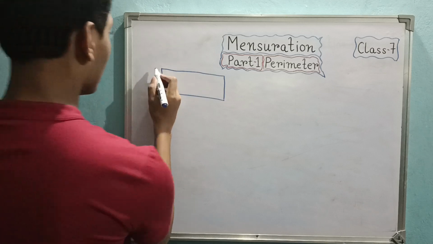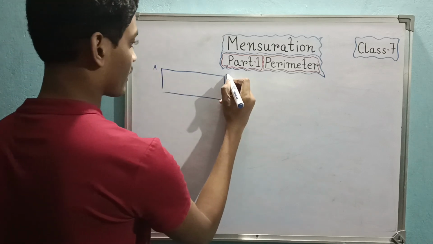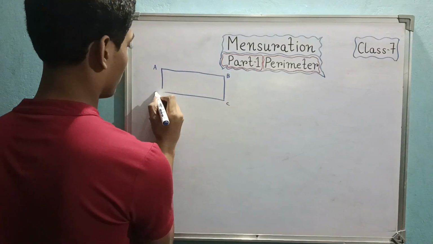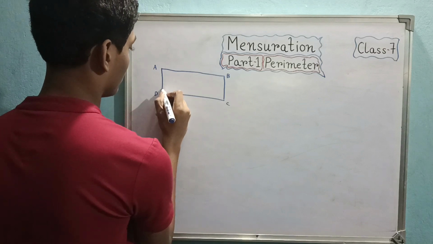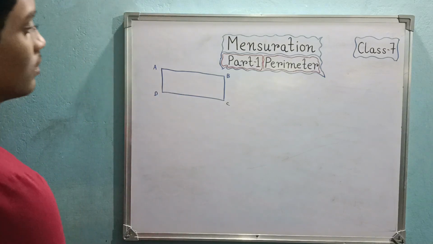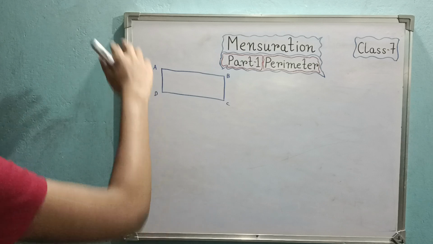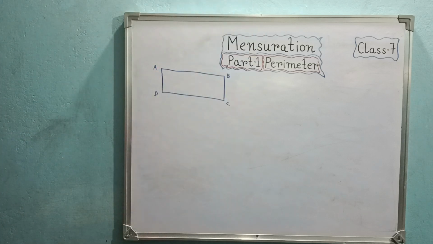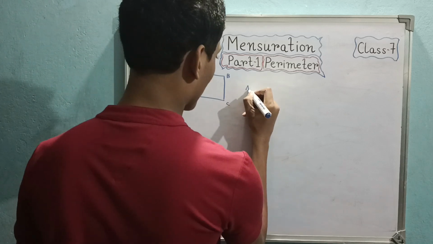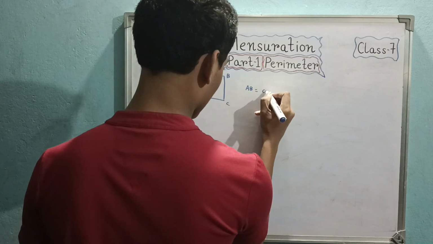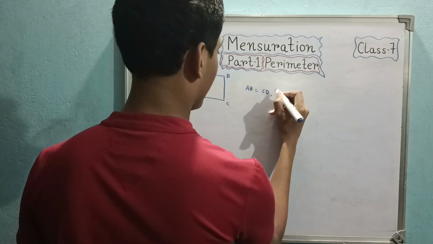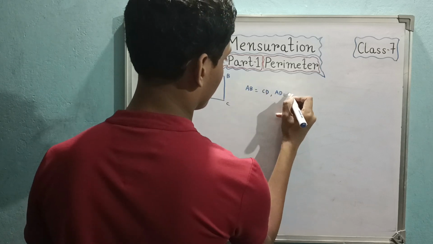Suppose I give this rectangle as these sides A, B, C, D. For this ABCD figure to be a rectangle, AB should be equal to CD and AD should be equal to BC.